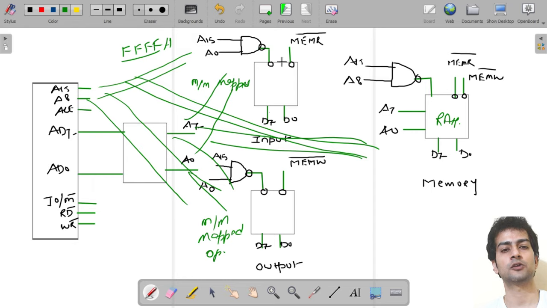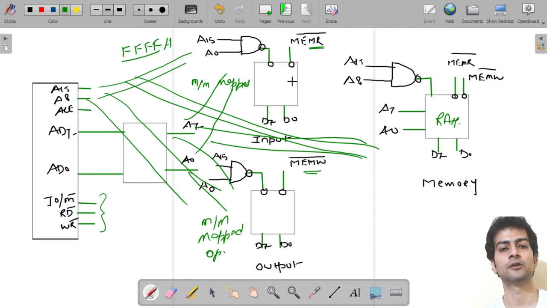So first, if we talk about the input device and output device, even if FFFFH is available at both, they will not get activated at the same time because of the control signal. At a time we will either do memory read or memory write, based upon the input to the control pins.